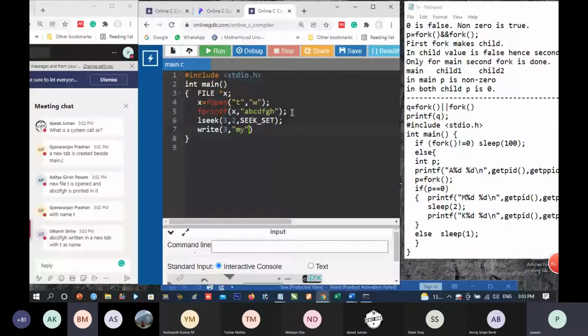Now observe the output of this program and see what happens. And I think one more header file is required.